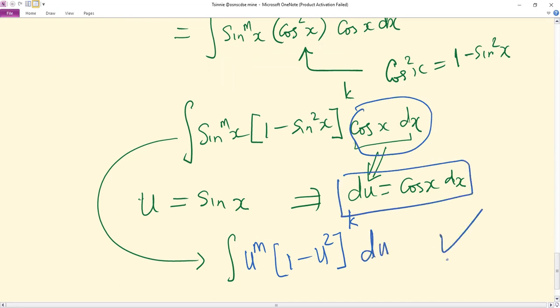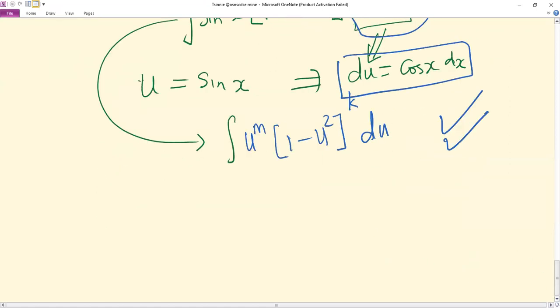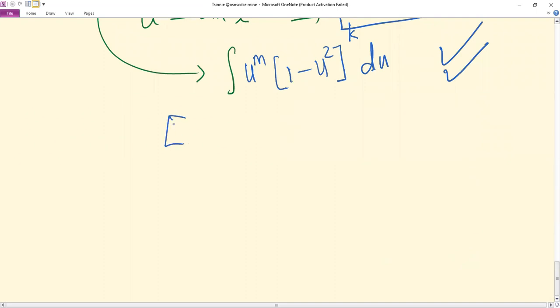So therefore this is the integral that you now integrate by using the concept of the power rule.